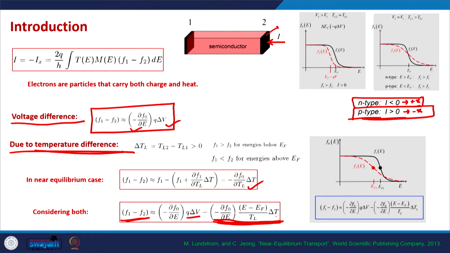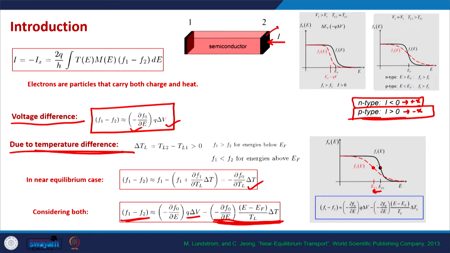So when there is a voltage difference across the semiconductor and there is also a temperature difference, F1 and F2 will look like this, the plots will look like this, and as you can see, we have applied a positive voltage on terminal 2, which means EF2 is now shifted to the left side, and also we have heated contact 2, which means F2 is now spread out. F2 is now broader as compared to F1.